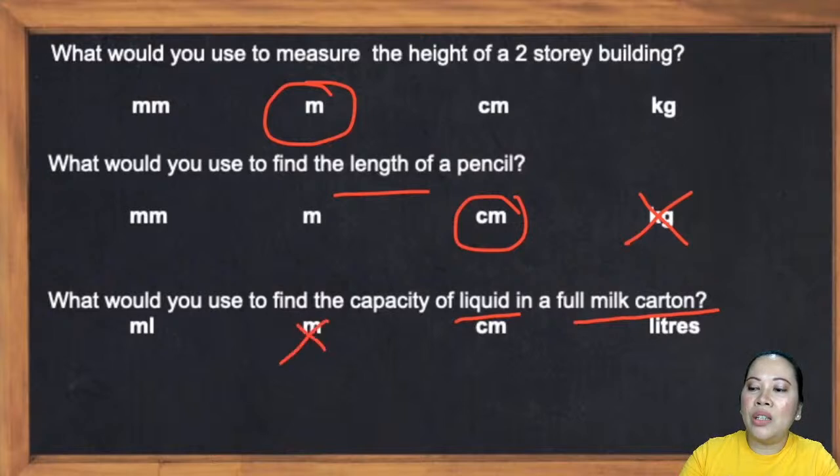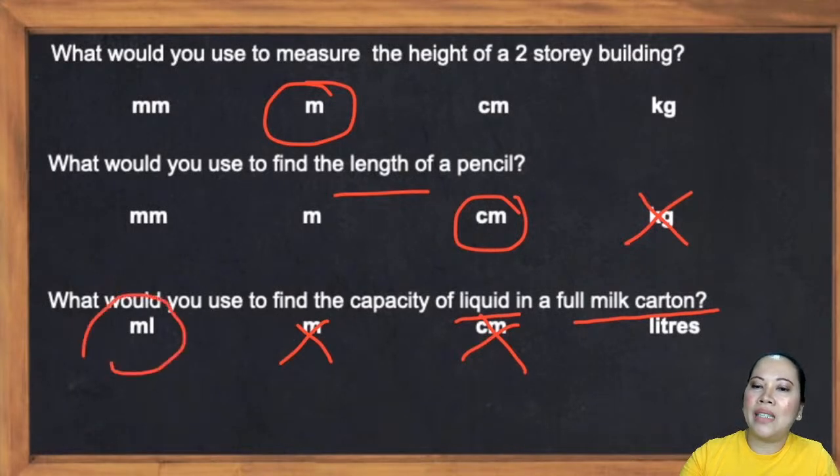Of course, you would not use meter and centimeter because these are units for length. So you have the possibility of using ml or liters. But if it is just a full milk carton, which would be a better choice? Should it be ml or L?